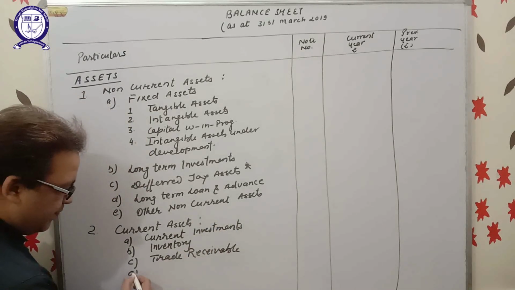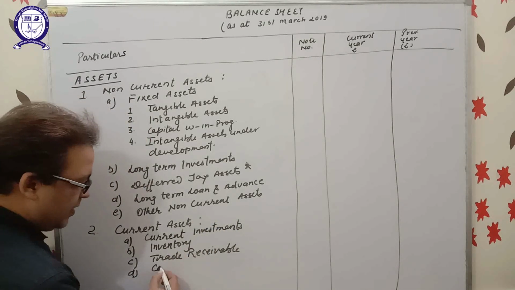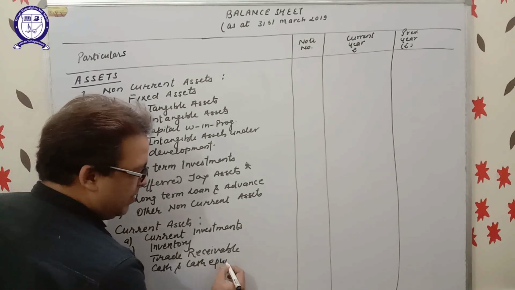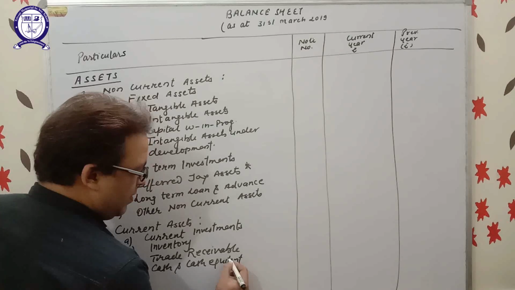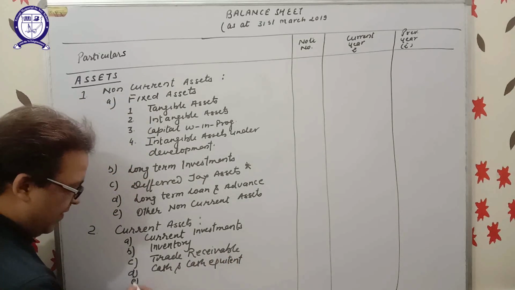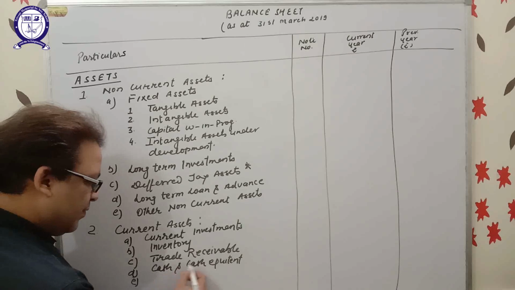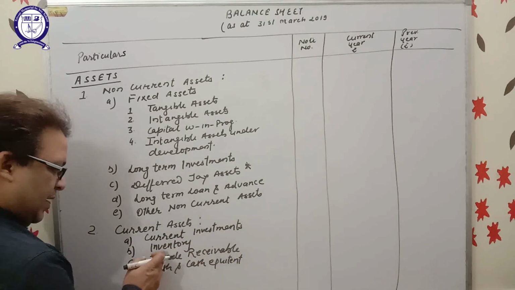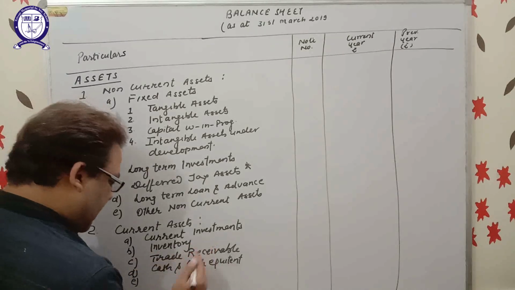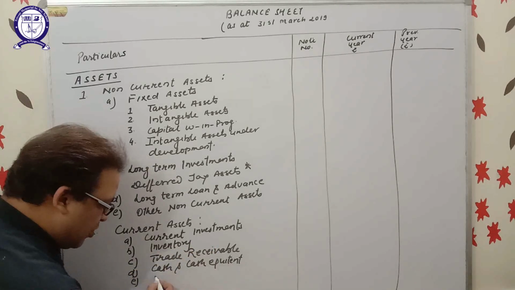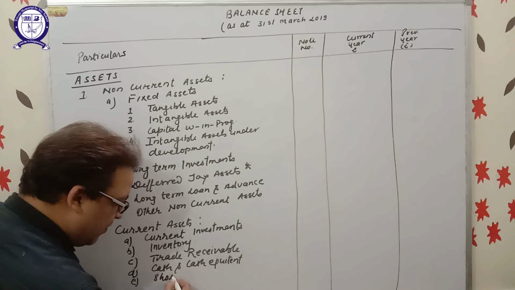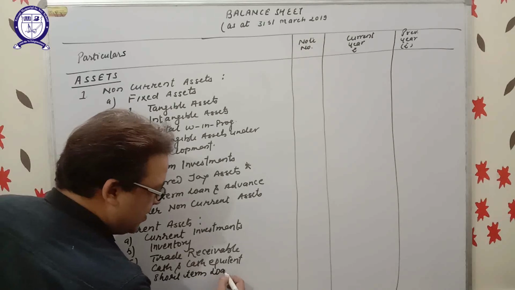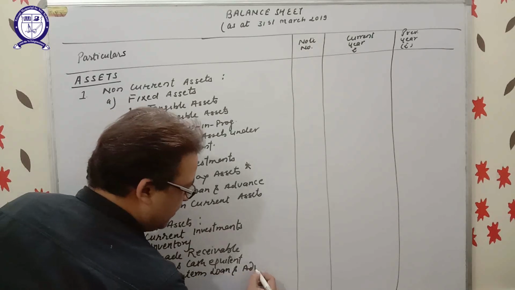Number 4, cash and cash equivalent. Number 5, short term loans and advances.